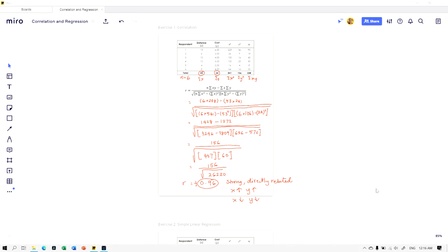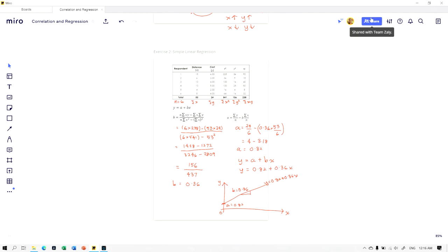We have also seen how to construct a simple linear regression equation given by y as a function of x, where y is the dependent variable and x is the independent variable.